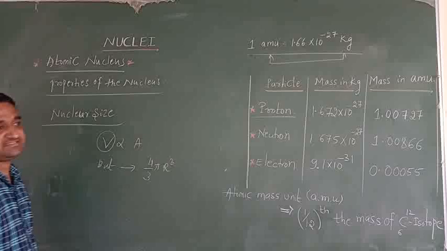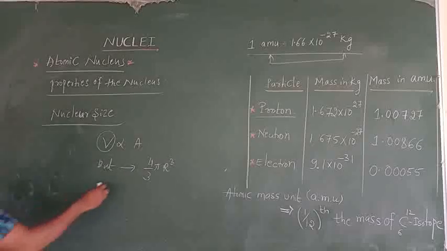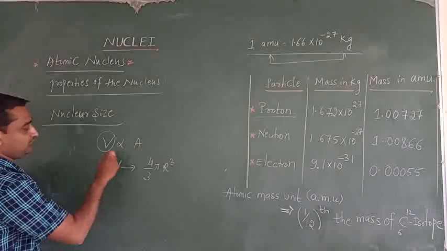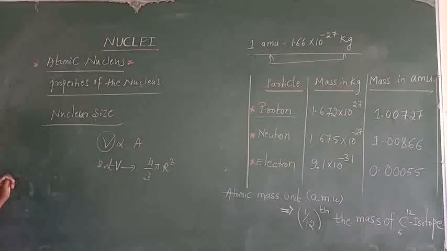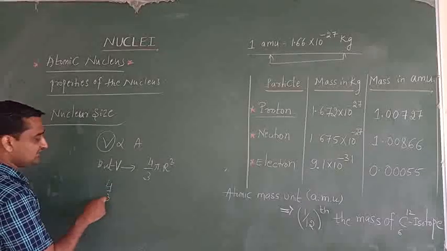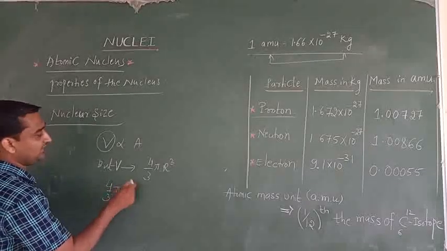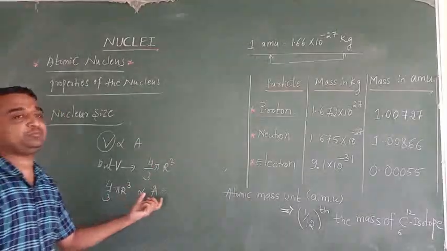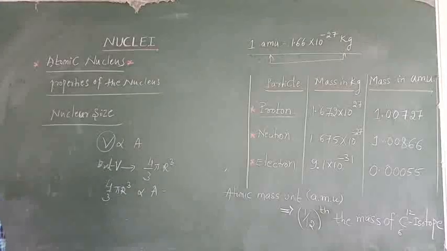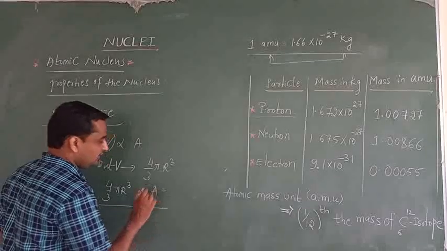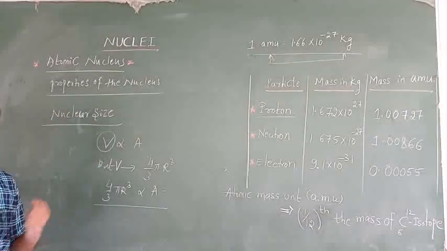Now from these two equations, what can we write here? 4 by 3 pi r cube is directly proportional to the atomic mass number, right? So from this equation we are getting the relation between the radius of the nucleus and the atomic mass number.